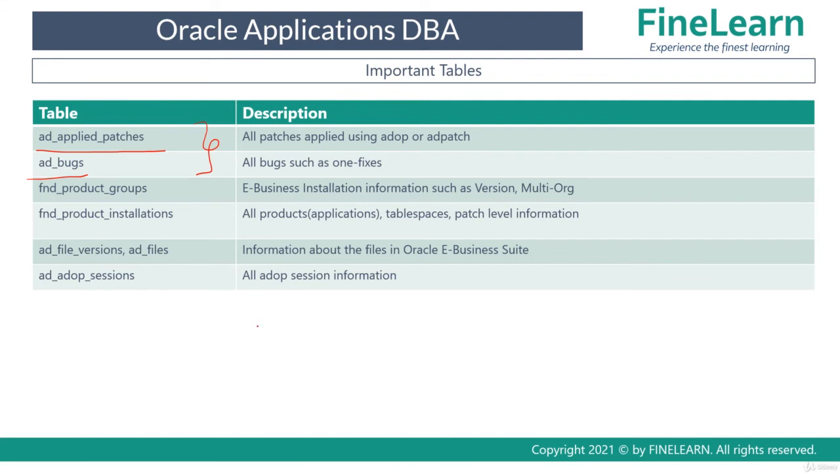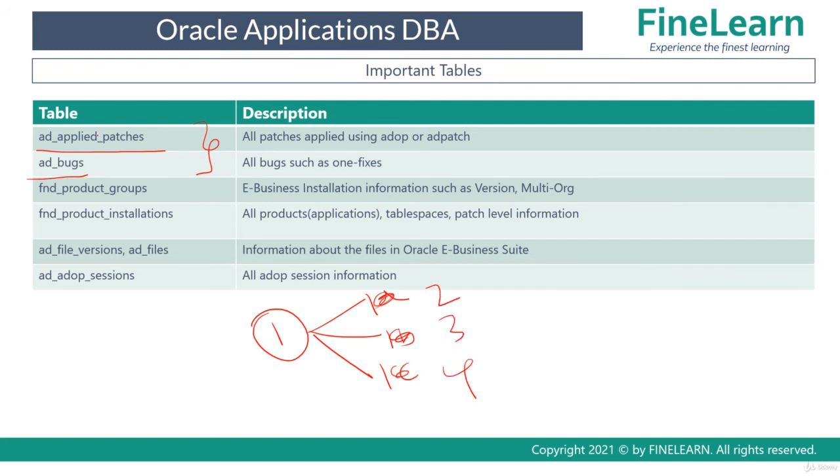For example, I am applying patch number 1. And this patch number 1 internally fixes a lot of one-off bugs. Let's say this patch number 1 fixes bug number 2, 3 and 4.